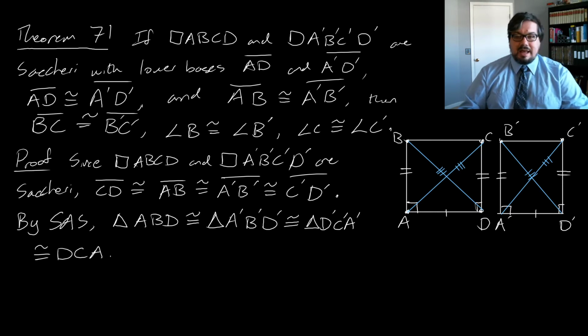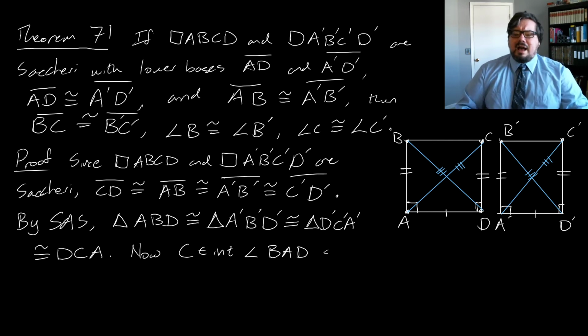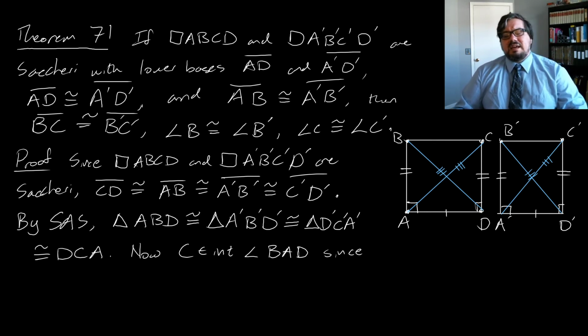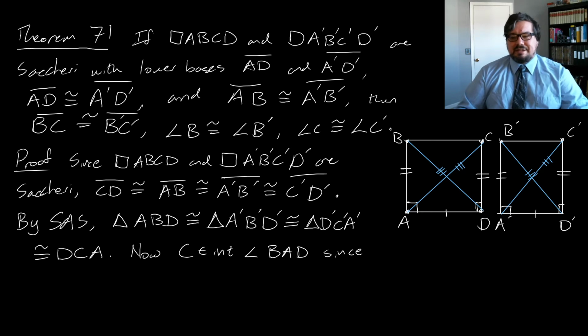So we have that C is in the interior of angle BAD. Now, we need to be careful about this. Anytime we say that a point is in the interior of some angle, we need to make sure that we have some sort of justification for that.